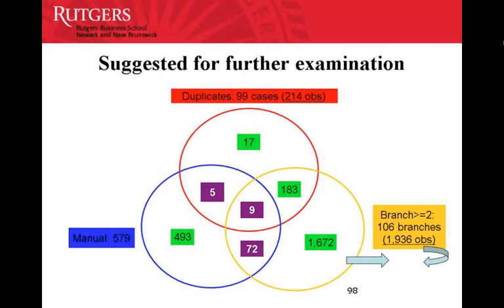He had 579 manual. However, the ones that matched 2 of these criteria were 5, 183, and 72. And this one matched the 3 criteria. So, what is this? Remember, was this thing here with the coefficient 1.